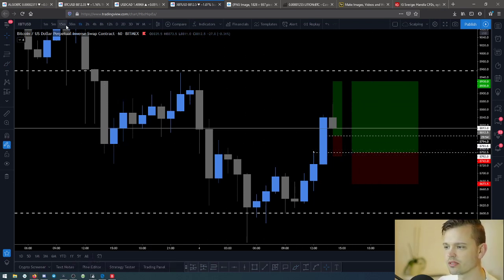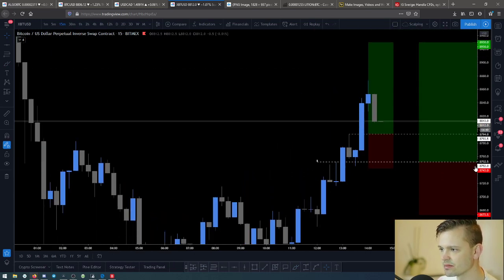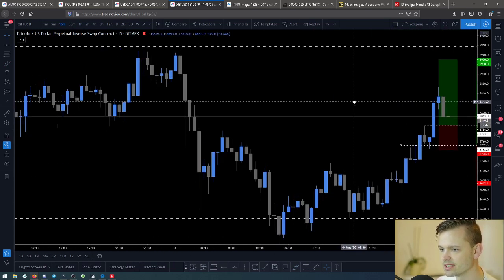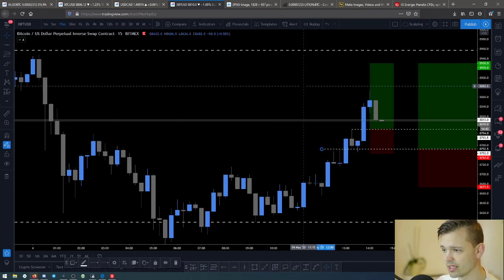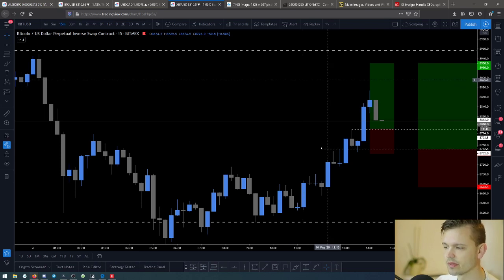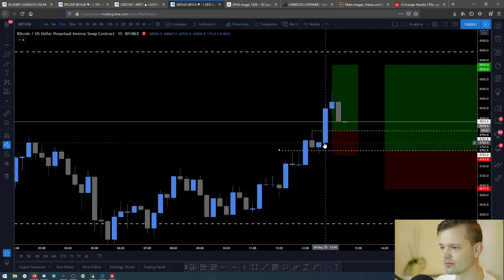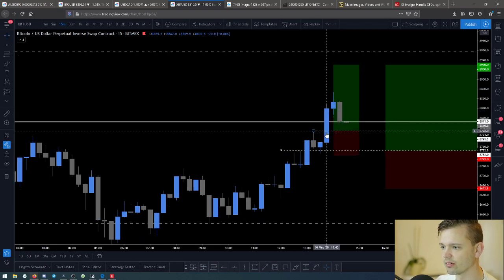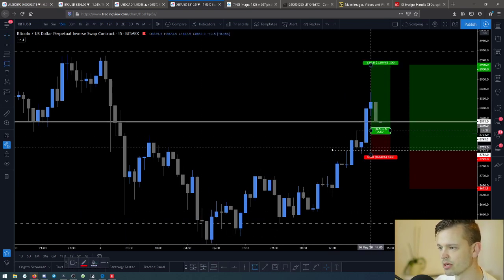Now let's go down into the 15 minutes, and here we have another trade. It's based on exactly the same type of idea, but instead based on this 15-minute breakout candle here, right? So this is the breakout candle, and this is the area I'm watching as the last high pre-breakout, right?